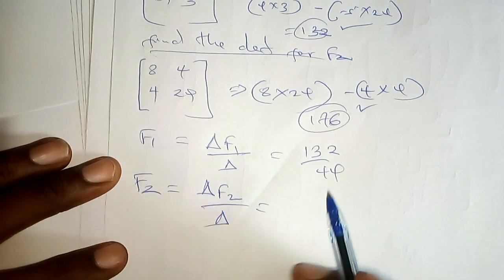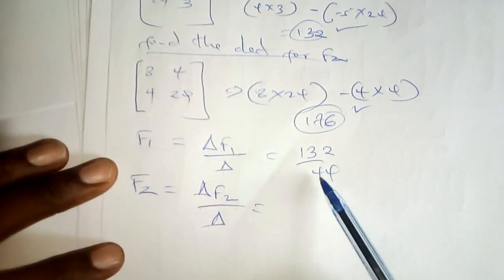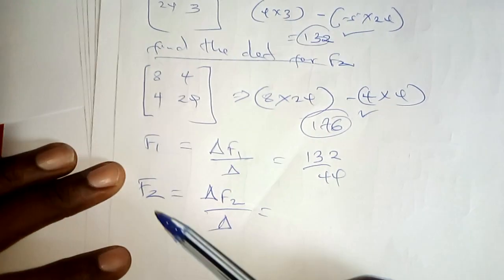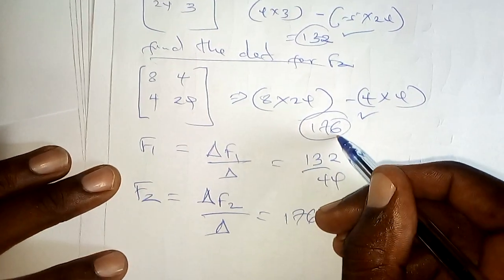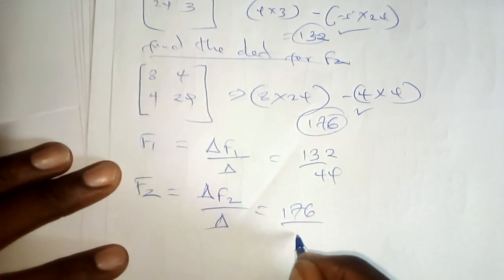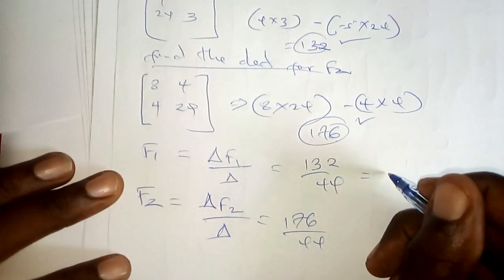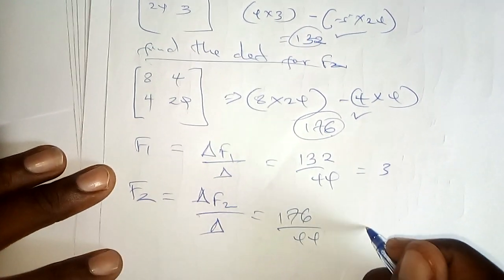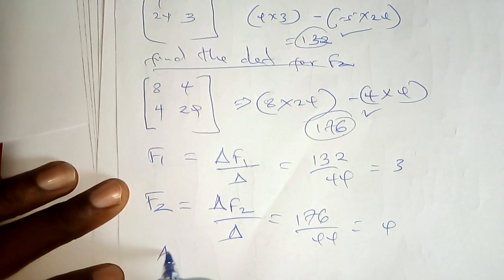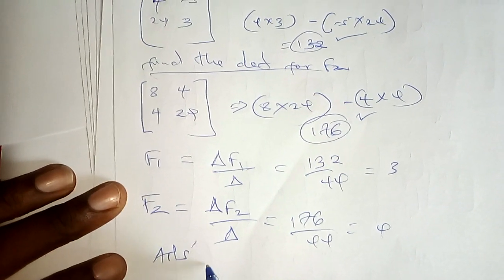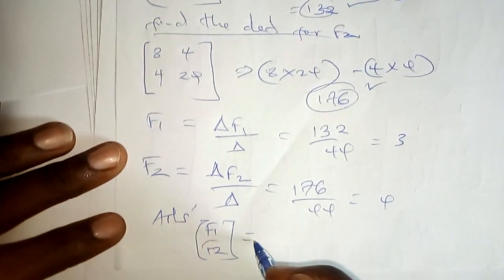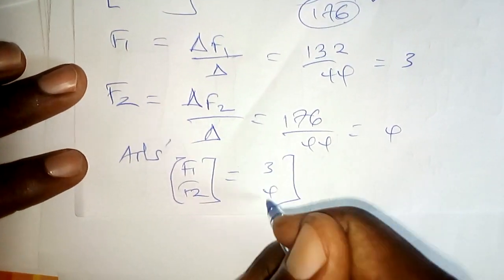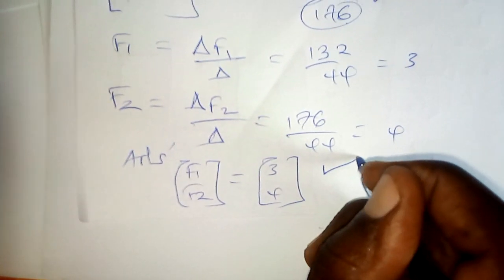For f2, it is 176 all over 44. Here we have 3, here we have 4. So the answer F1, F2 is equal to 3, 4. And this is your answer.